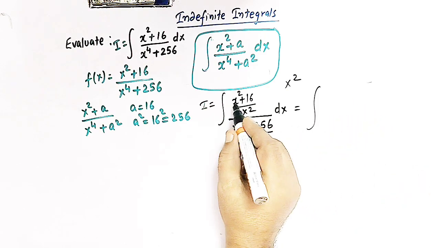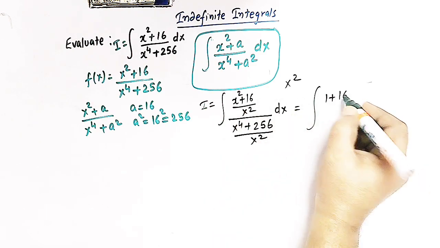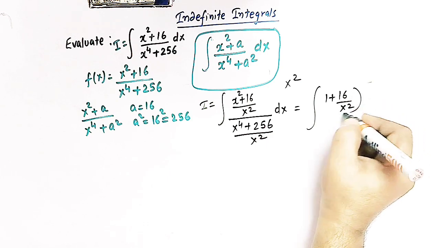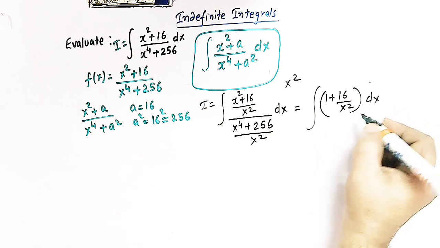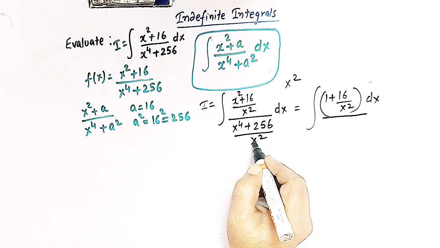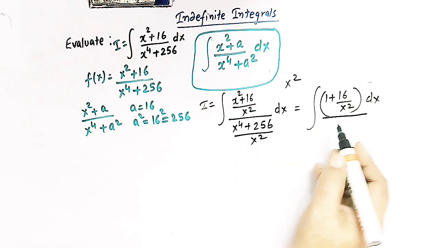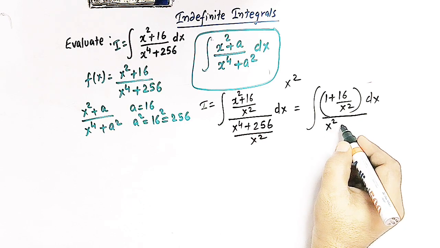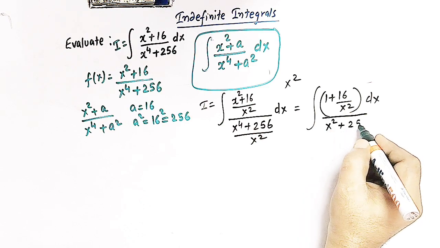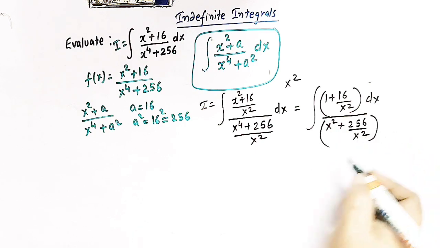So now we can write this expression as 1 plus 16 over x square, and in the denominator we can write x square in the denominator of x raised to 4 and 256. So here we get x square, and here we have 256 over x square.